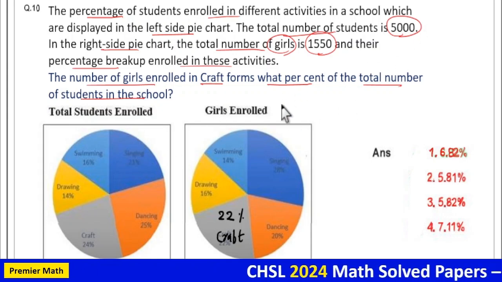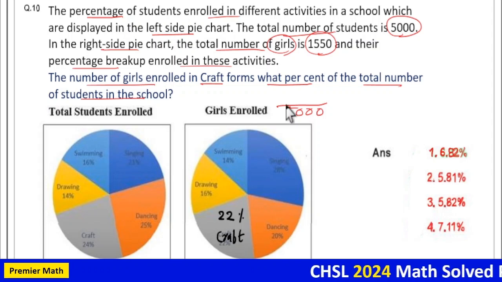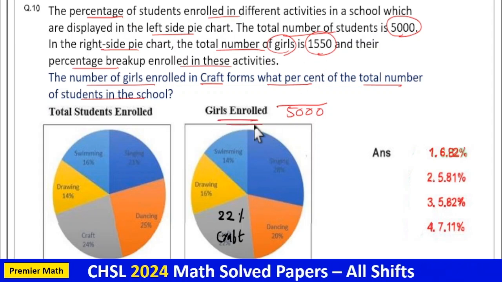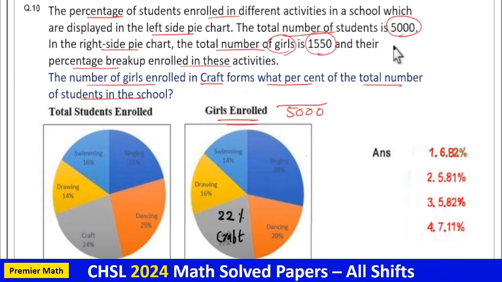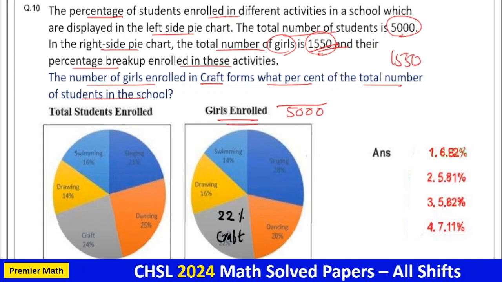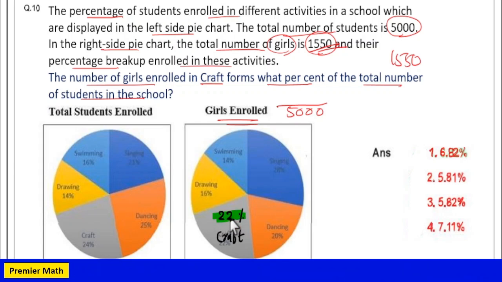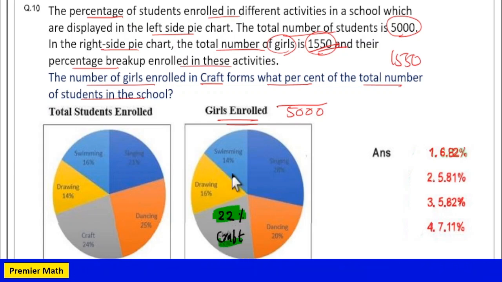Here, total number of students is 5,000 and this right side pie chart shows girls enrolled. Total number of girls enrolled is 1550 and out of which 22% girls engaged in craft forms.